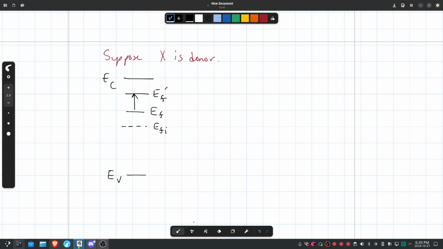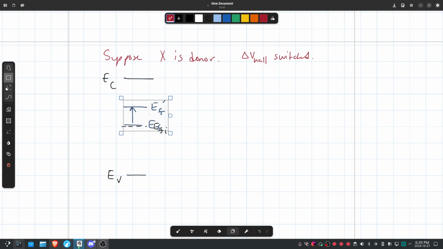And once again, let's say that the type switched, or the Hall voltage switched. Then we know that this donor pushed it across the EFI band.